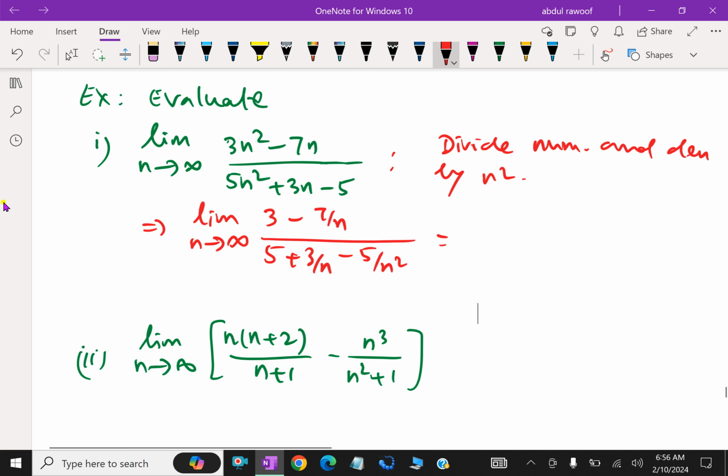You apply the limit for n equal to infinity. Look at here, 7 over infinity is 0, therefore 3 minus 0 over 5 plus 0 minus 0, which is equal to 3 over 5.